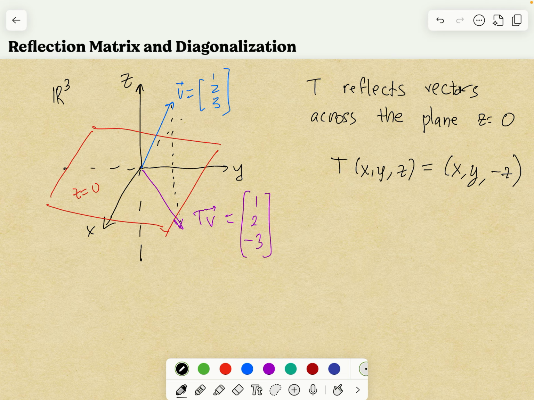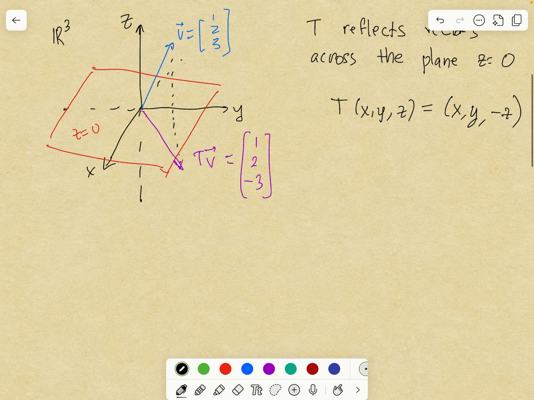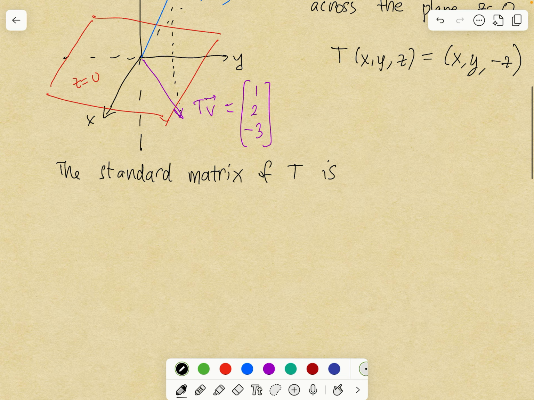And okay, we can write down the standard matrix of T pretty easily. So the standard matrix of T is, let's call it A. Well, it's going to take 1, 0, 0 to 1, 0, 0.